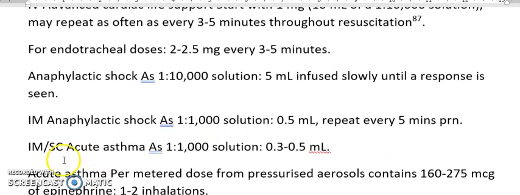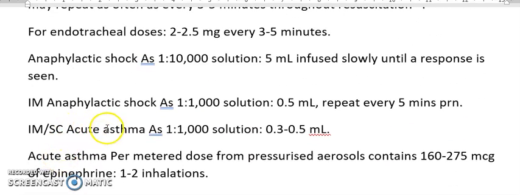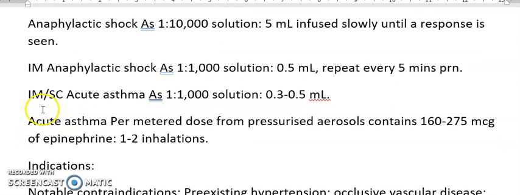And then for acute asthma, we can give it intramuscularly or subcutaneously, as a 1 to 1,000 solution. So we give 0.3 to 0.5 mils of adrenaline.